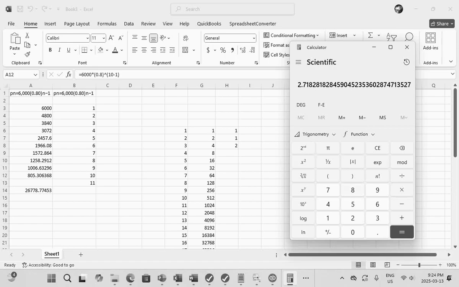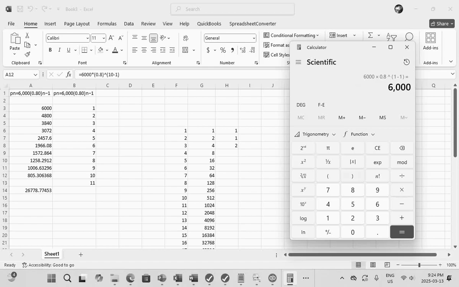Let's start off with 6,000 into 0.80. This will be raised to the value of N in brackets. So let's say you start off with 1 minus 1, bracket close. This will be 6,000, the number that you start off with, your first number.